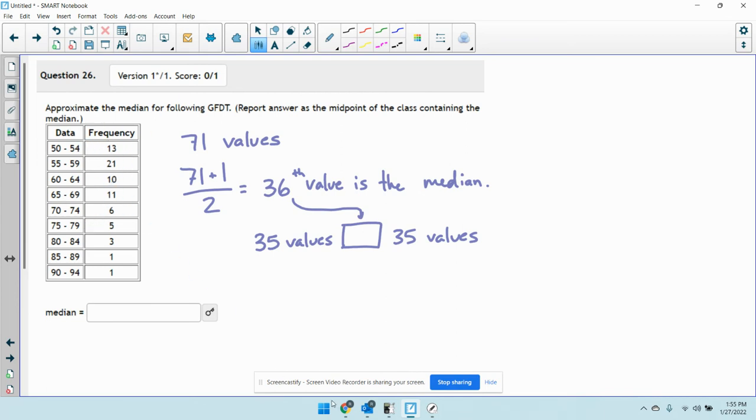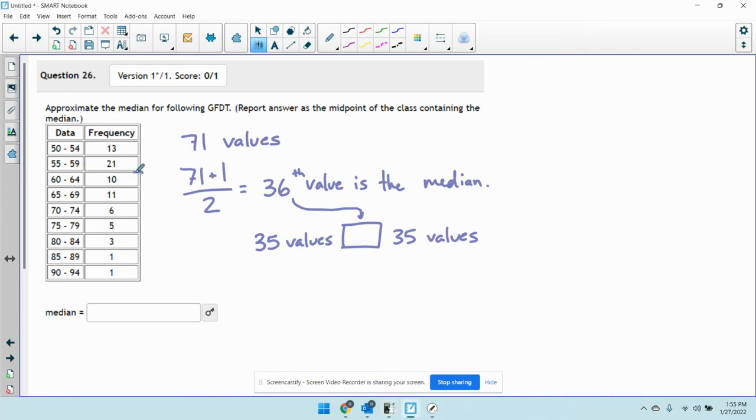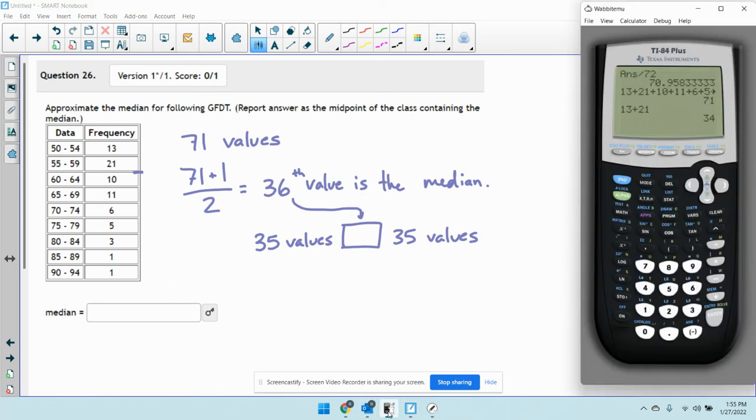So I'm just going to add the frequencies up until I go from something lower than 36 to something higher than 36. So it's not in this first class because there's only 13 values here. But if I add 21 to that, once I get to the end of this class, I'm only counting up to 34 of the data values. So once I add 10, notice when I get here, now I've accounted for 44 of the data values.